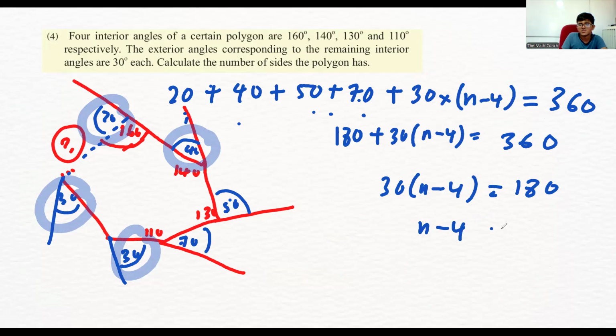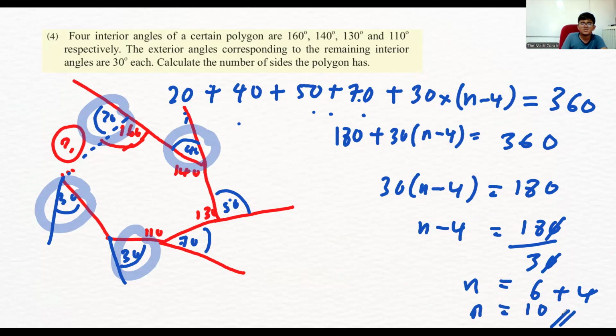N minus 4 is equals to 180 over 30. So we have 6 plus 4 is n. N is equals to 10, right? So therefore, this is a decagon. So calculate the number of sides the polygon has. We found it's 10. 10 is the answer.